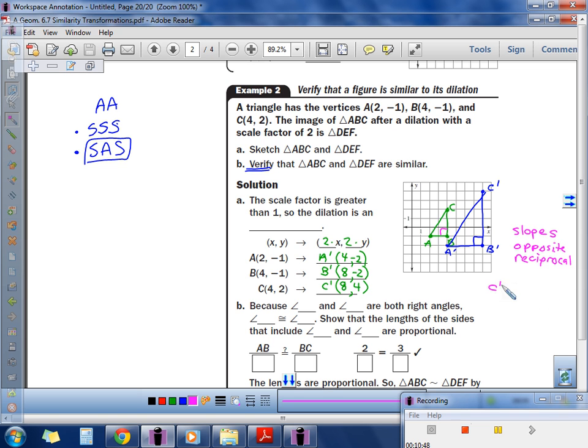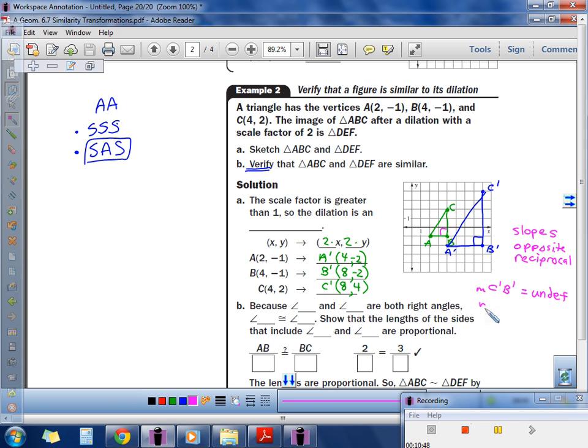So that means the slope of C prime, B prime, is that slope undefined or 0? It's undefined. Think of this like a wall. Can you walk up a wall easily without any help? No, that's undefined. That's crazy. So the slope of this one is undefined.